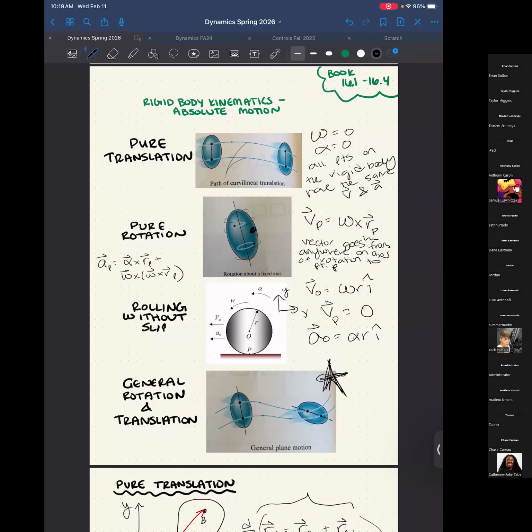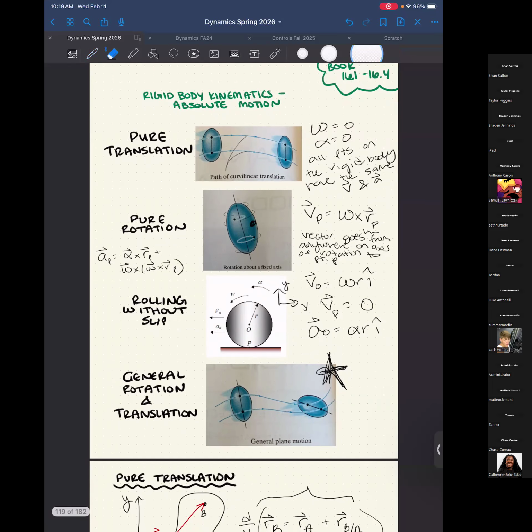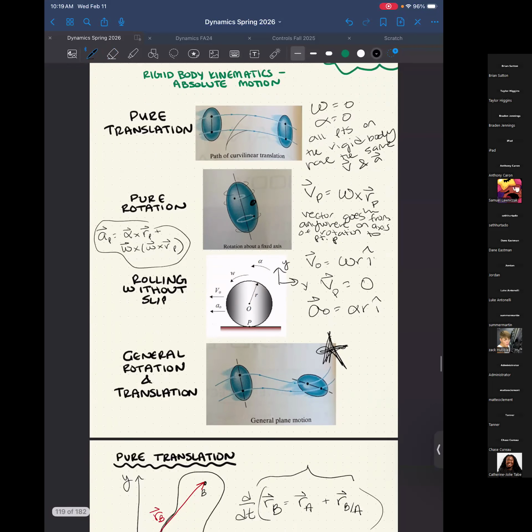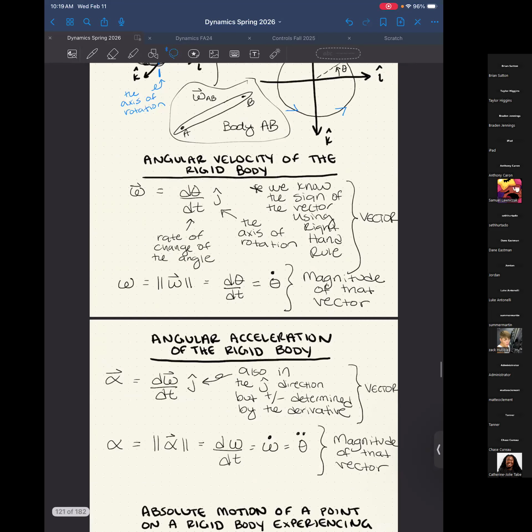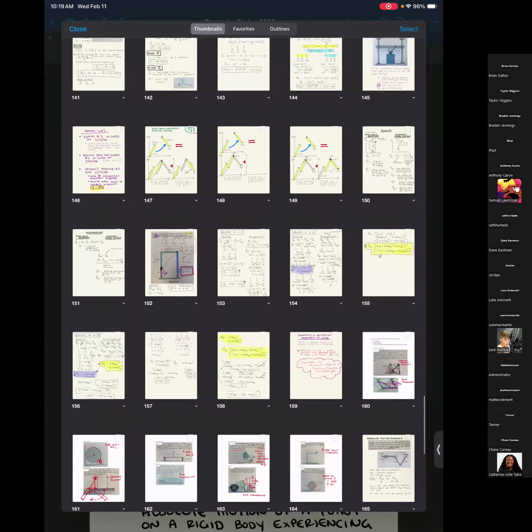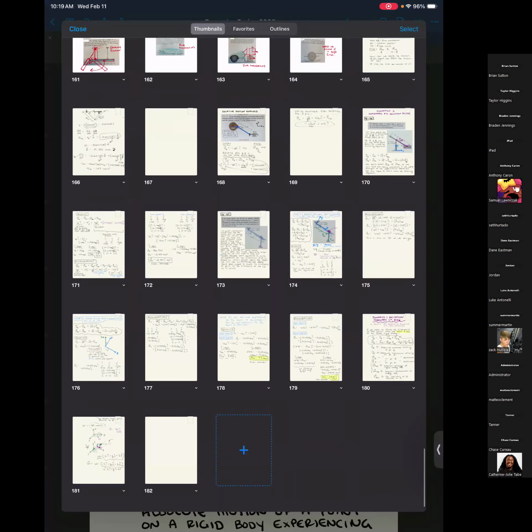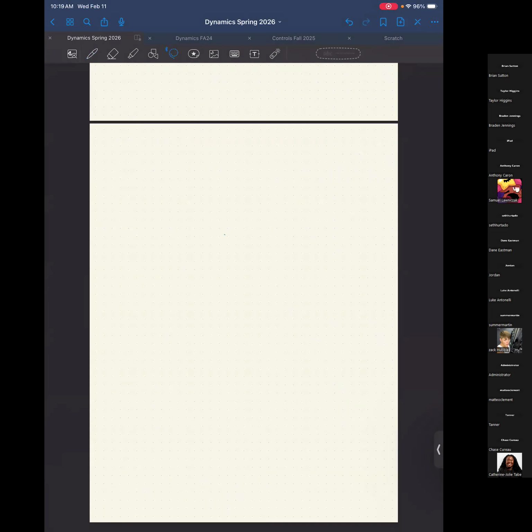Okay, so what you should be noticing is, let's go back to our general planar equations and prove to ourselves that this agrees with a simplification of that.